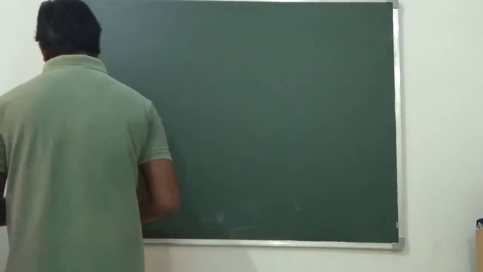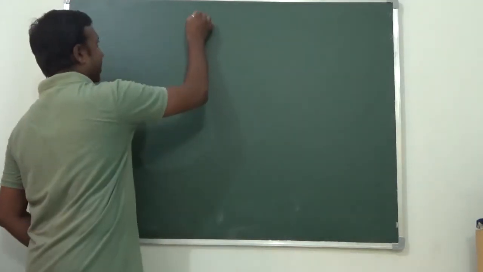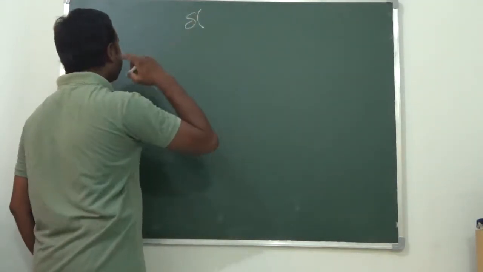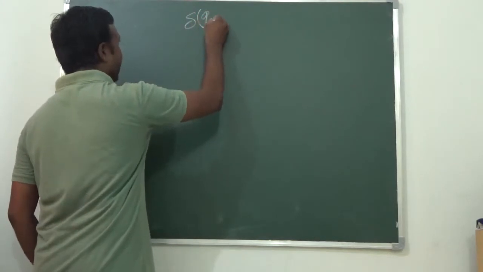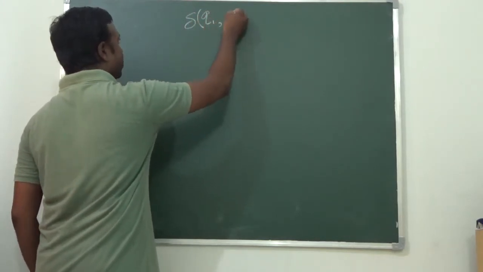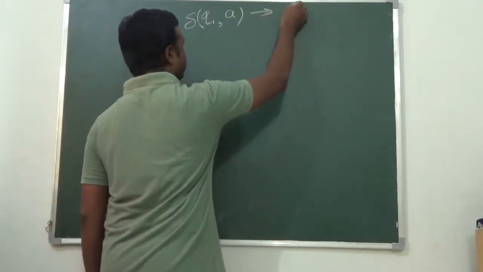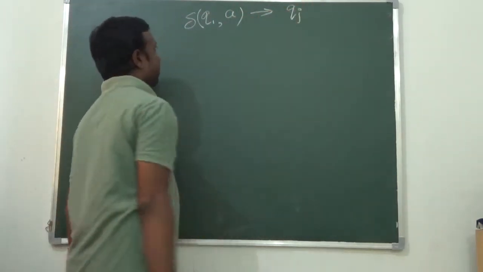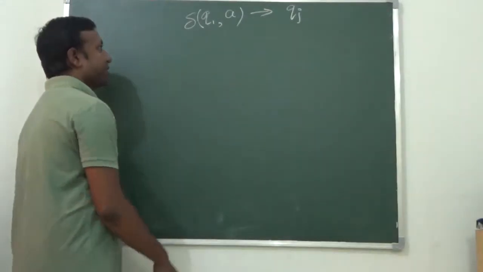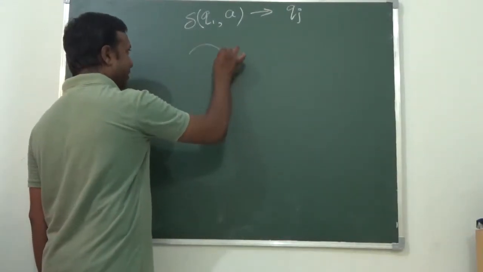Now, if there is a transition from state Qi with the input of symbol A, and it is going to state Qj, then I can represent this whole thing like this.